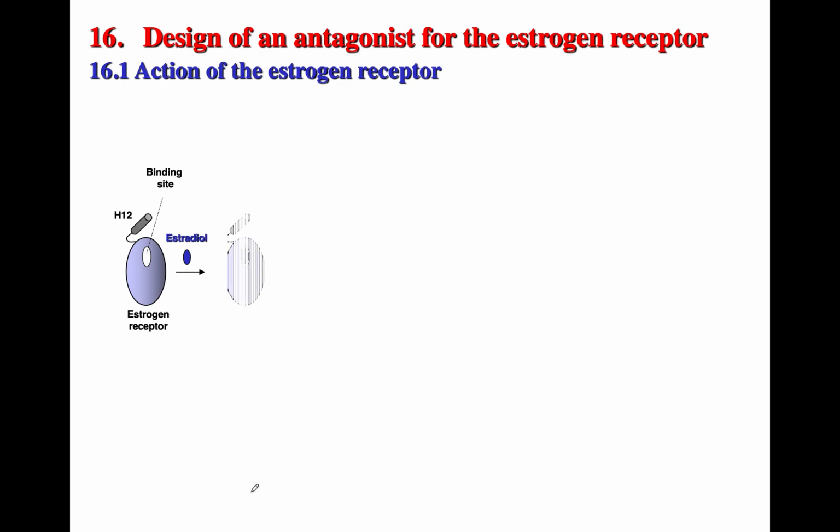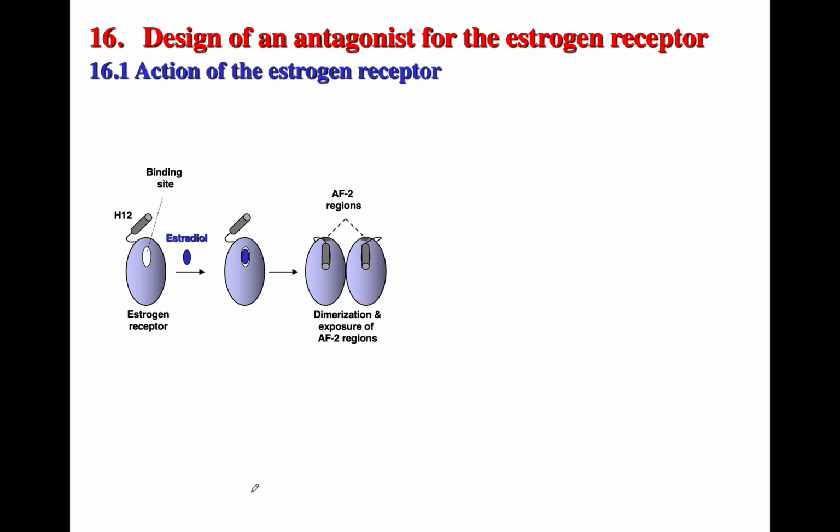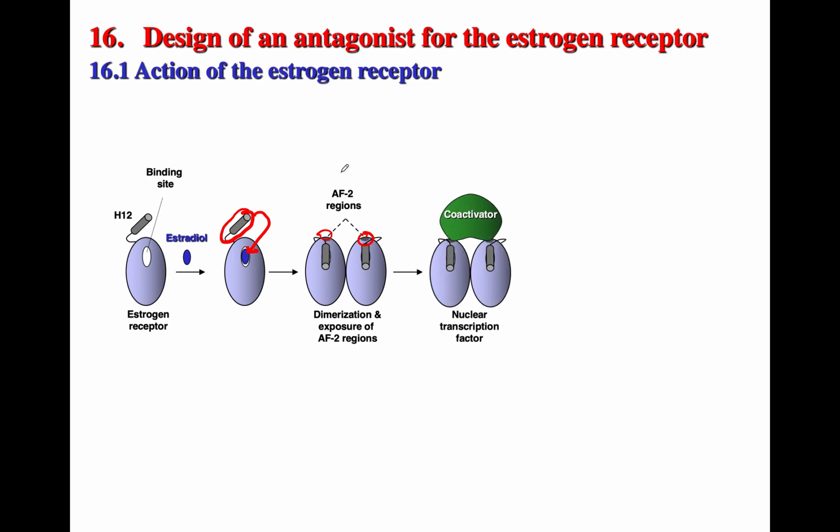The binding of estradiol to its binding site is going to lead to dimerization, but you also have the H12 region that's going to come and shield the binding site. When it comes and shields the binding site, it opens the AF2 region. The AF2 region is where the co-activator is going to bind.